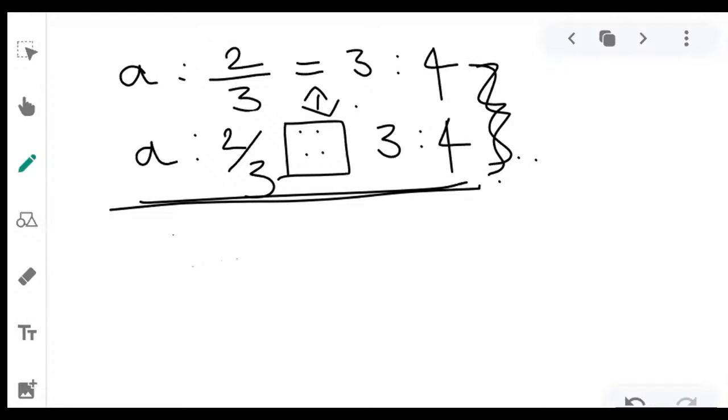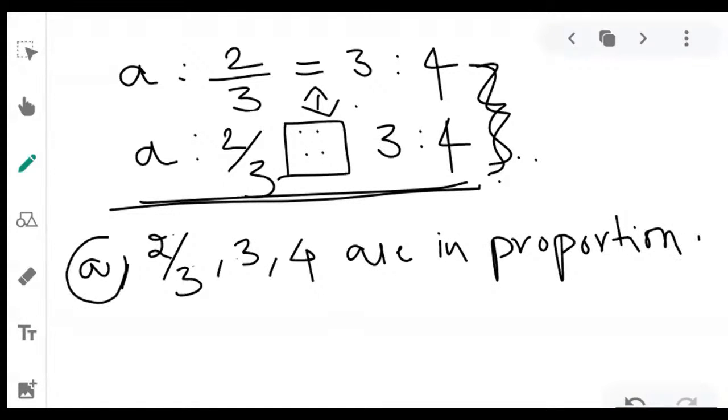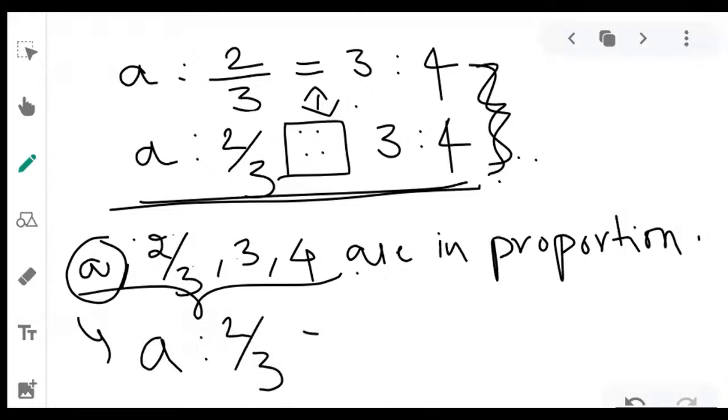If I say that A, 2 by 3, 3 and 4 are in proportion, find the value of A, then again you'll write this in the same notation. If these four consecutive numbers are in proportion, that means A is to 2 by 3 is equal to 3 is to 4. All right.